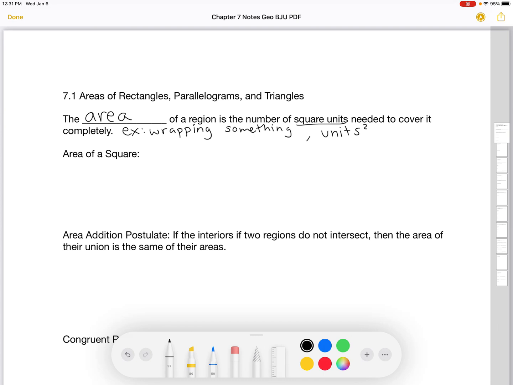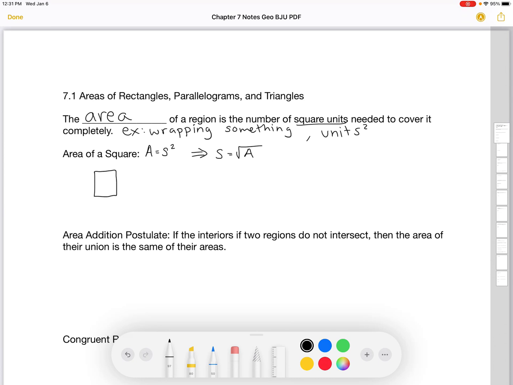So starting with a square, the most simple one we have, the area of a square is equal to the length of the side squared, which means if you wanted to solve for the side of the square given the area, you could say the side of the square is the square root of the area. So let's look at an example.